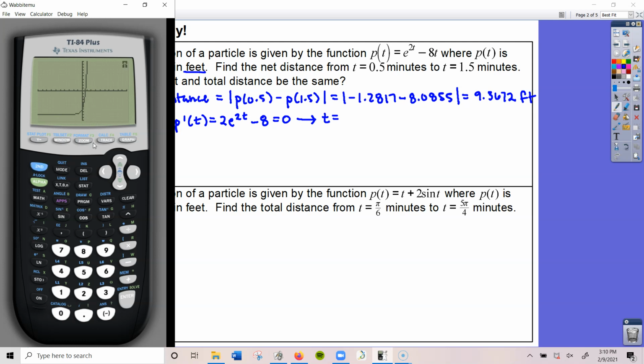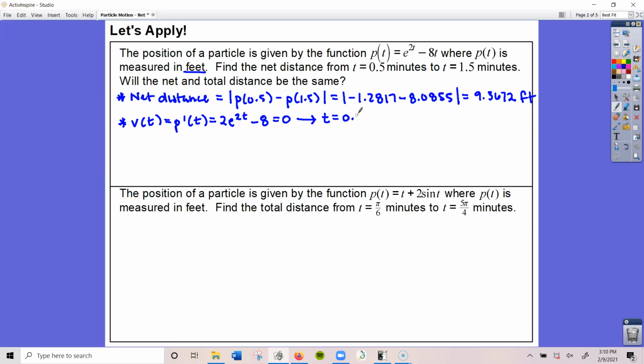So let's go to the second calc menu, and we're looking for the zero. Left bound, right bound, and we get 0.6931. Now for our answer.